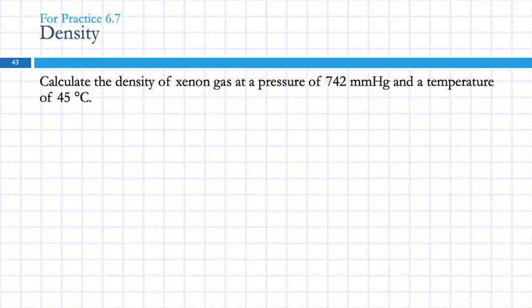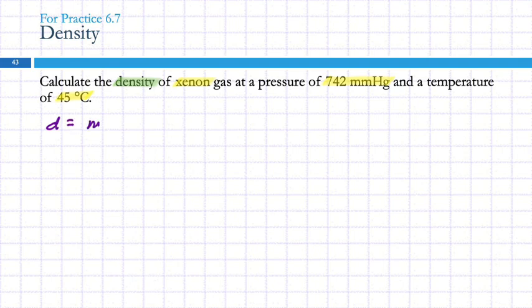Calculate the density of xenon gas at a pressure of 742 millimeters of mercury and a temperature of 45 degrees Celsius. So 742 millimeters of mercury, 45 degrees Celsius, and we want the density. Now, this isn't a number, but it is a piece of information that we need. We're talking about xenon. So we're trying to find the density.